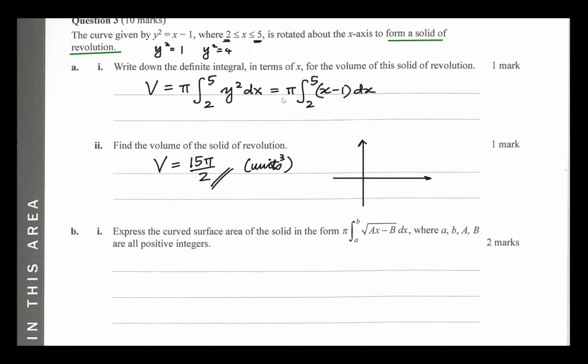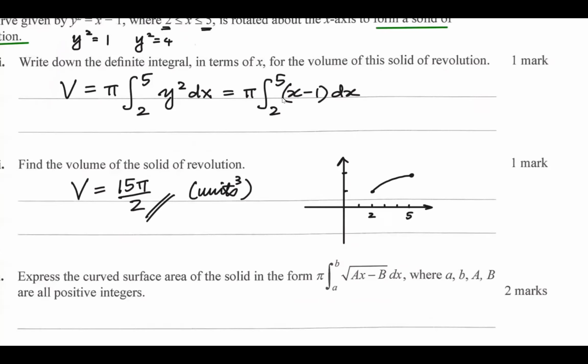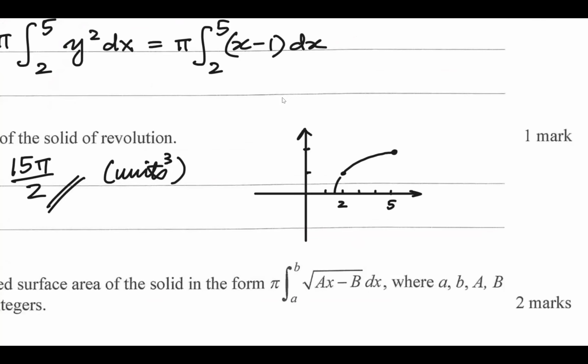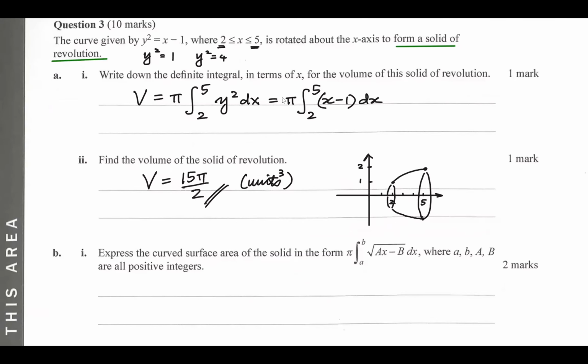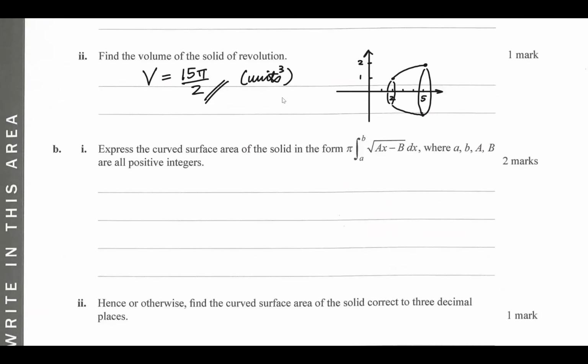So y will be from 1 to 2. So actually, we are describing some sort of solid of revolution, like this, okay? And also we want to find the curved surface area.